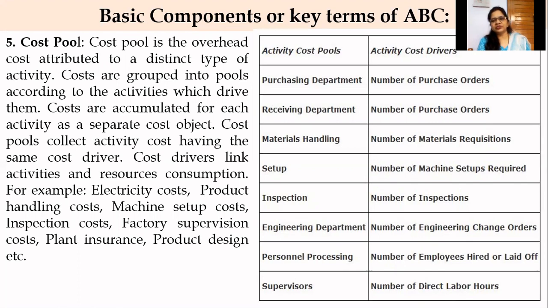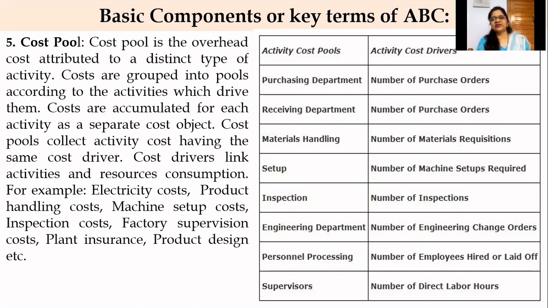So cost pools I have given here on the left side of the chart: purchasing department, receiving department, material handling, setup, inspection, engineering department, personnel processing supervisors. These are cost pools. And the cost drivers are number of purchase orders, number of purchase orders.